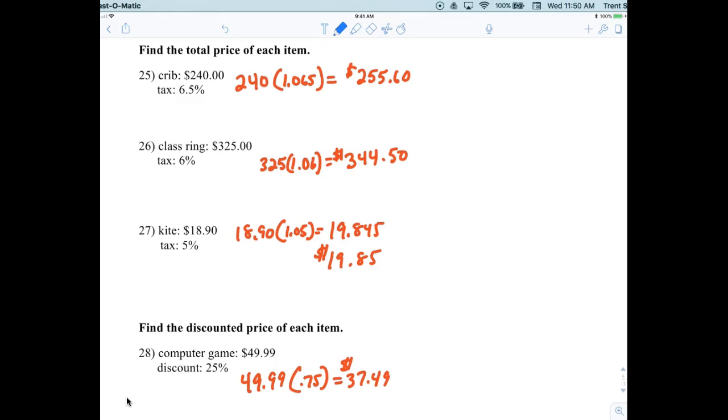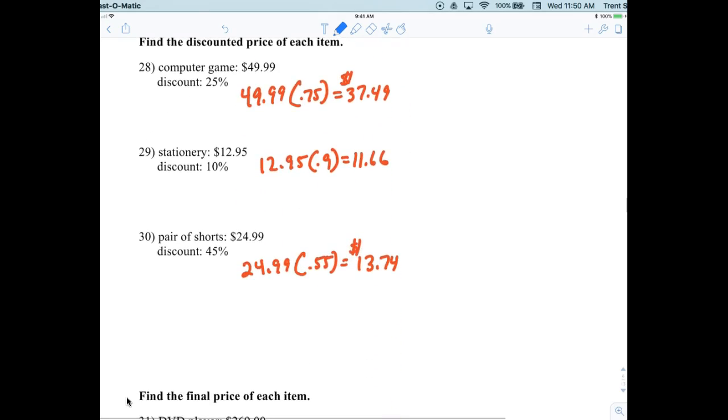All right? So here we go. I'm going to scroll down. Now we're doing discounts. Now you have to ask yourself a question. You understand how we got the decimals for the discounts? Now instead of paying 100%, you only have to pay what percent here? 75. I only have to pay 75%.